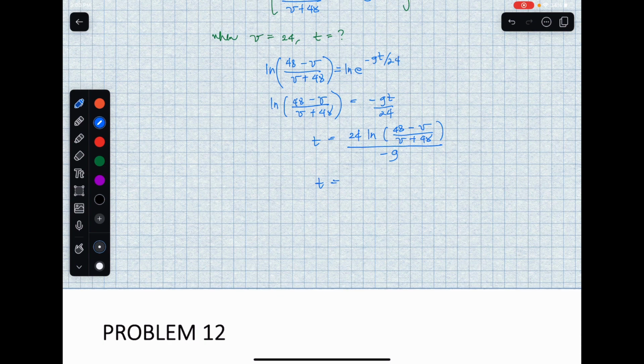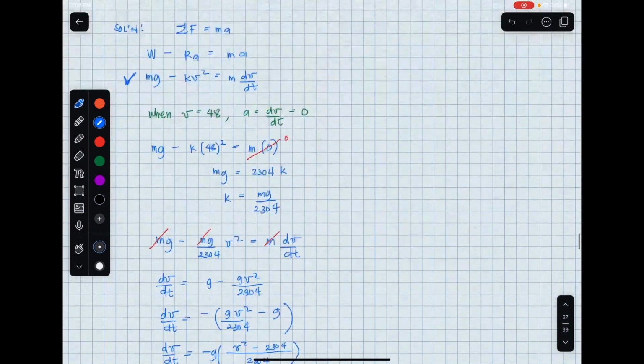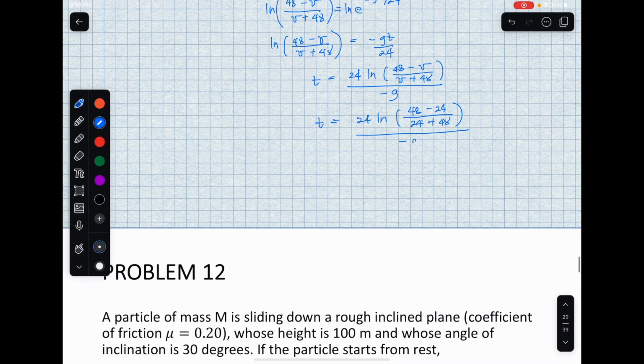So t will be 24 ln of 48 minus 24 over 24 plus 48, divided by negative, will it be 9.81 meters per second squared? So it's 9.81. So our time is negative 24 ln of (48 minus 24) over (24 plus 48), over 9.81. That is approximately 2.7 seconds.